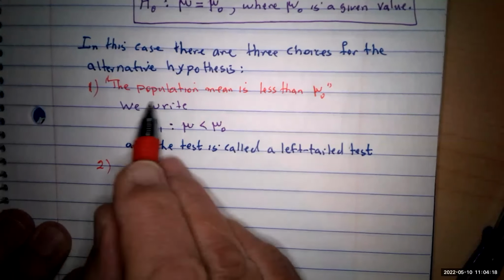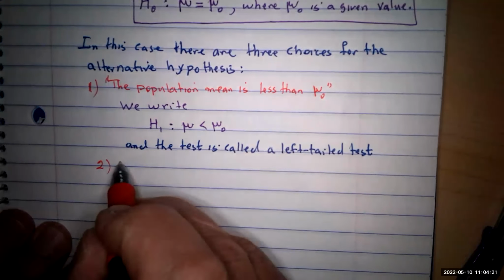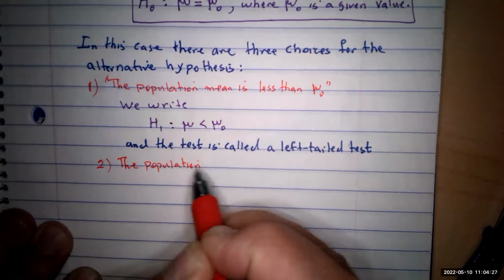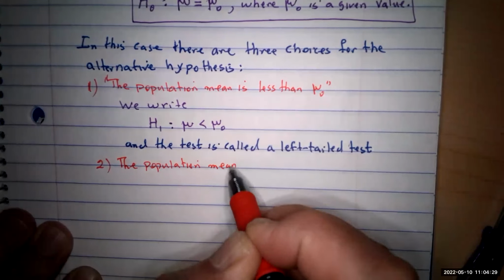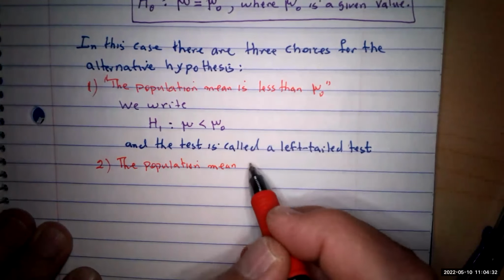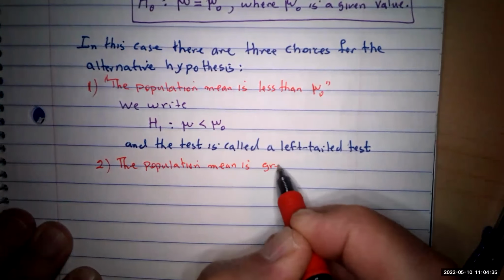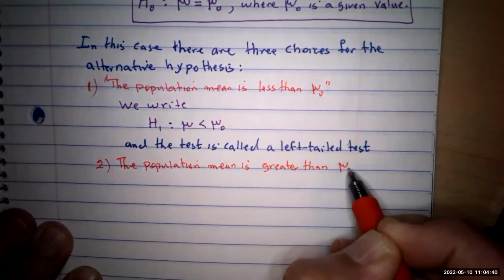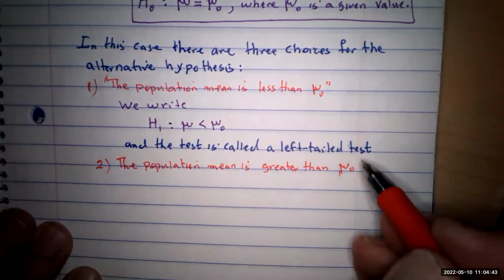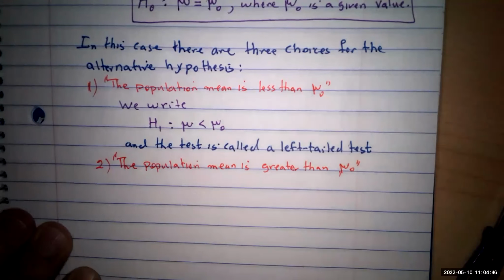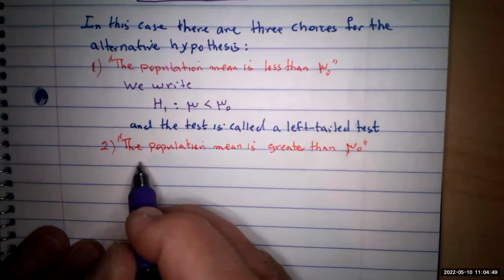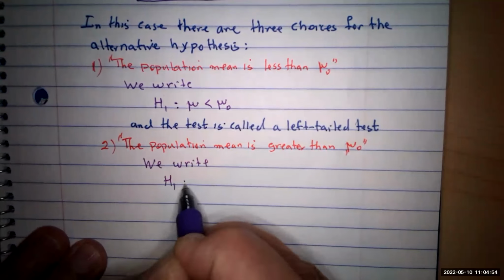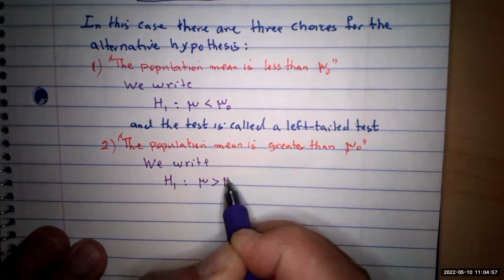Second alternative, same thing but greater than. The population mean is going to be greater than mu0. So in this case, we set up H1 is the fact that mu is greater than mu0.